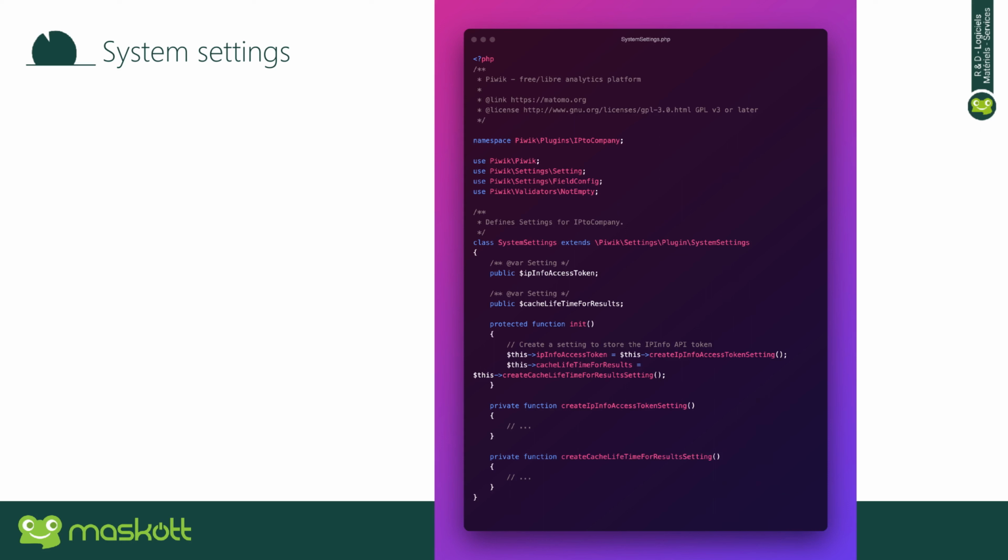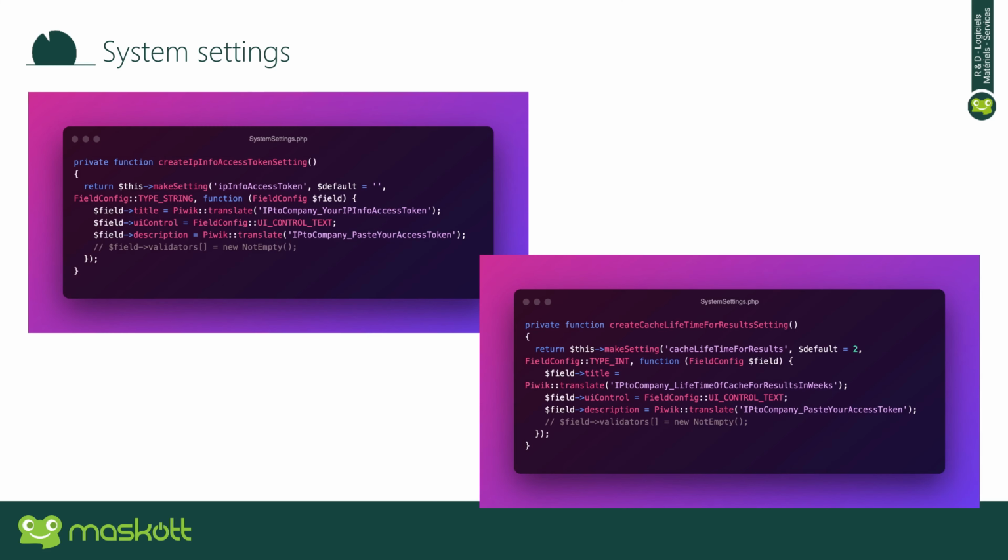So adding these settings is as easy as creating two methods that will define which type of data you're collecting. In the access token scenario, this is a text field, and in this cache lifetime, this is also a text field.